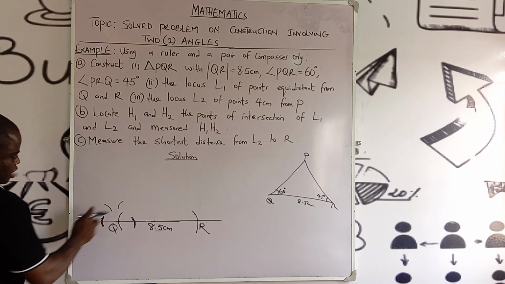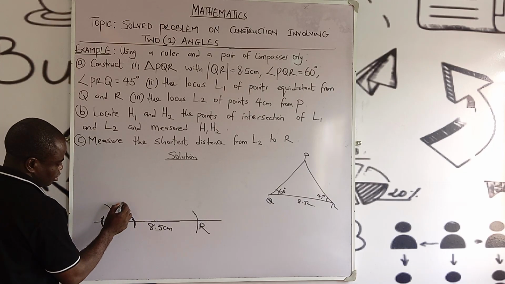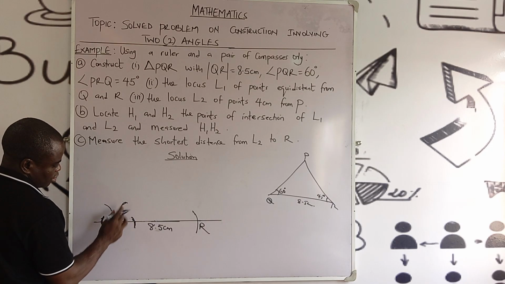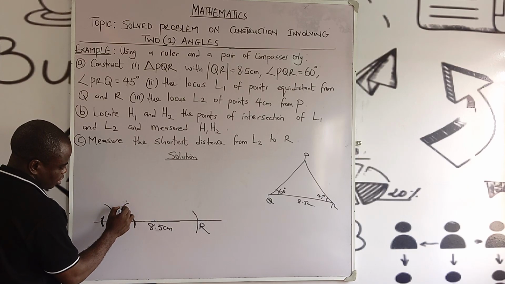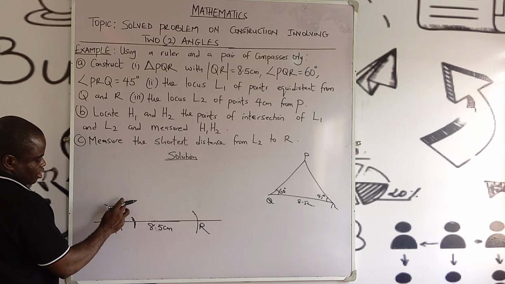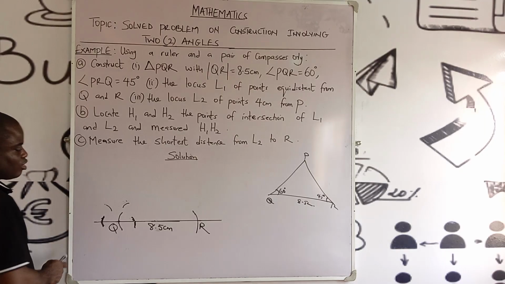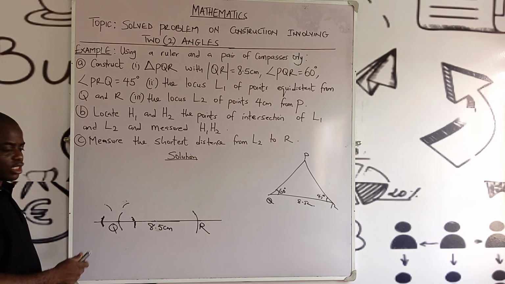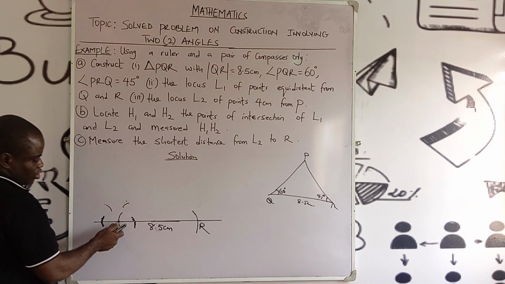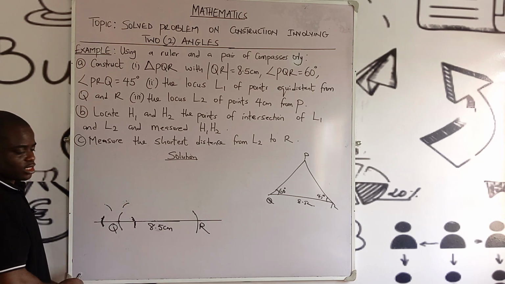Is that okay? Now, when you cut it, it's telling us that from here to here is 60, from here to here 60, from here to here 60. Okay, when you bring your protractor to do your measurement, you notice that it will give you 60.